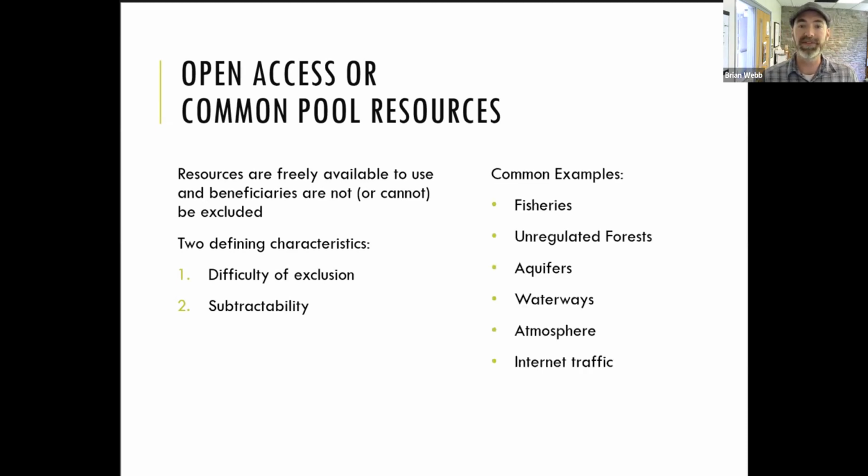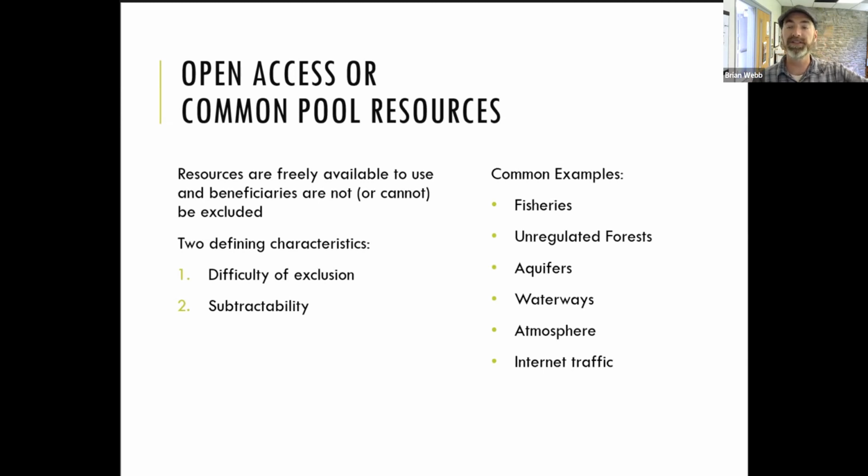Some common examples of these, we've already mentioned several. Fisheries are a great example of a common pool resource or an open access resource. You can't exclude people from using it. The more people overuse it, the more it's degraded and subtracted from. Unregulated forests.